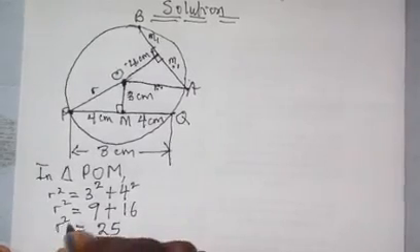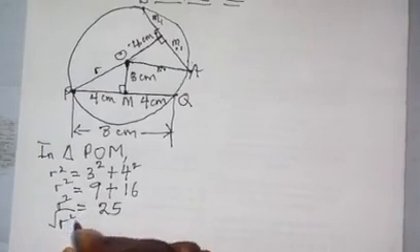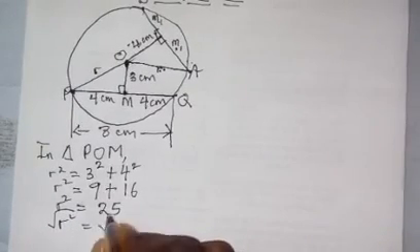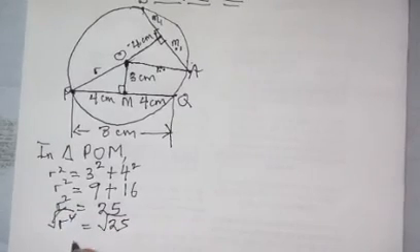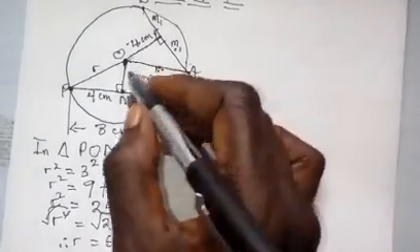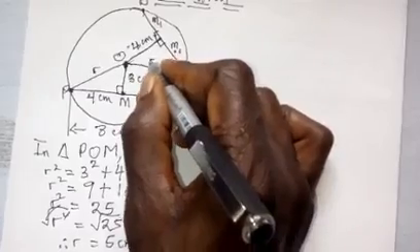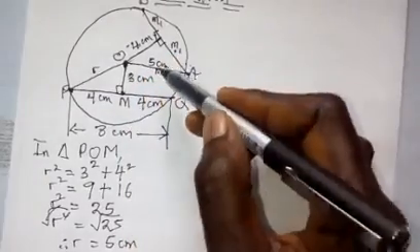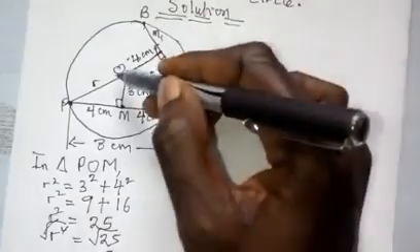That is, r squared equals 25. Then we can take the square root of both sides in order for us to have the value for r. So this root sign will cancel this, therefore our r will become 5 centimeters. So the radius you are seeing here is 5 centimeters, and that's what we shall be applying here also, 5 centimeters. Okay, so let's call this BAOM.